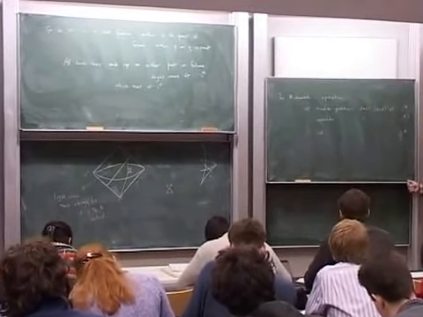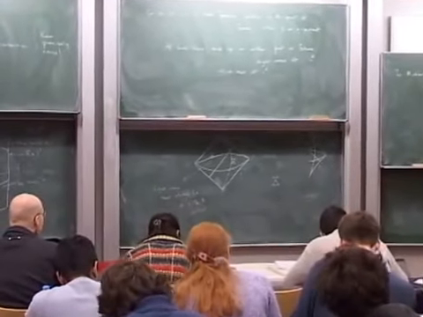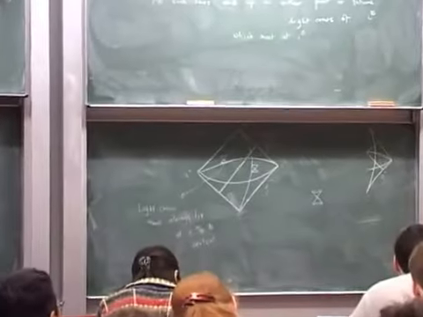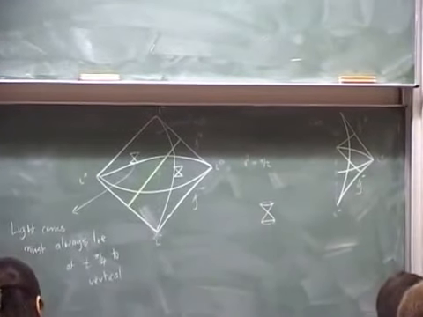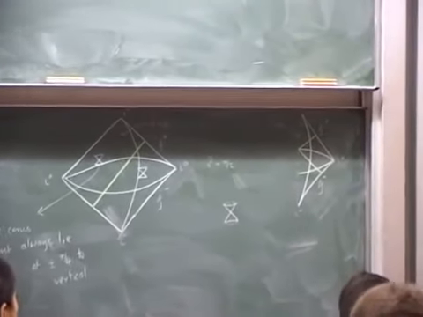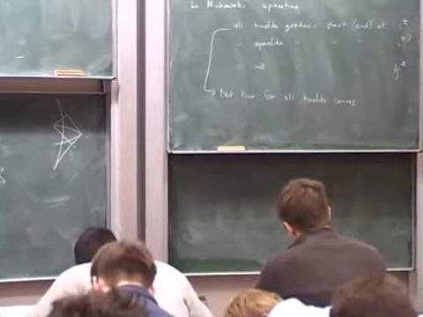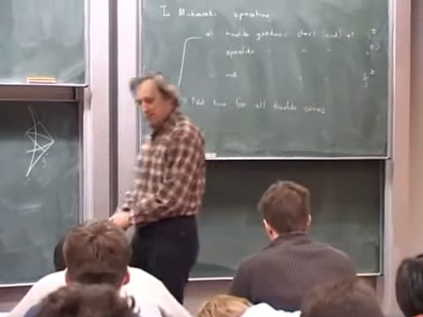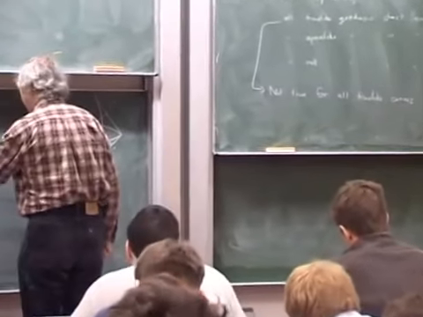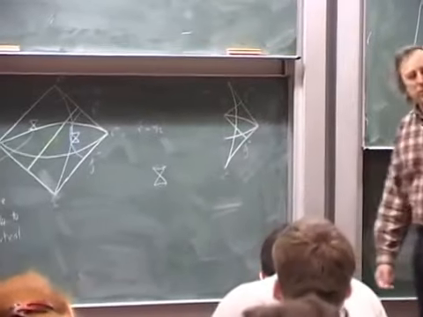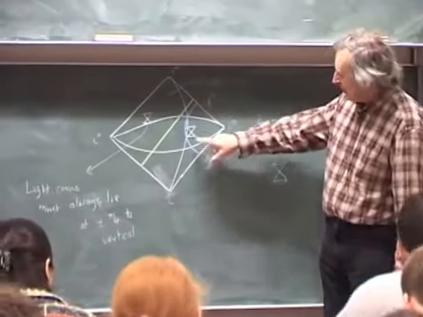Do not be confused, however. It is not the case that all timelike curves start and end at I plus or minus. An example of a timelike curve that does not start at I plus or minus would be this blue one. That is a timelike curve. Of course, it is tending towards something null as you get out here.